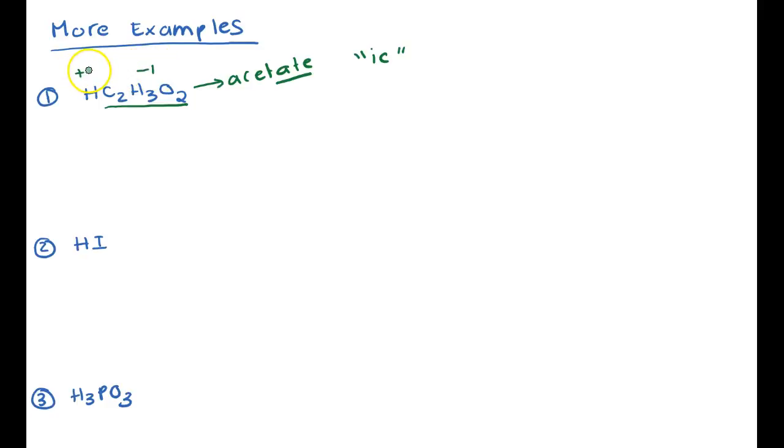We just said that these hydrogens on acids have a +1 charge, so the formula makes sense, it's balanced out. Our base is going to be acet, and then we said our ending for that base has to be ic. We have a space and acid. So acetic acid, or better known to us as vinegar. It's the ingredient in vinegar that makes it sour.